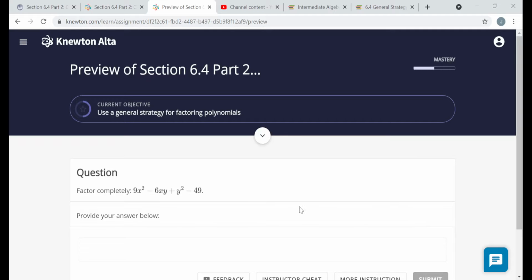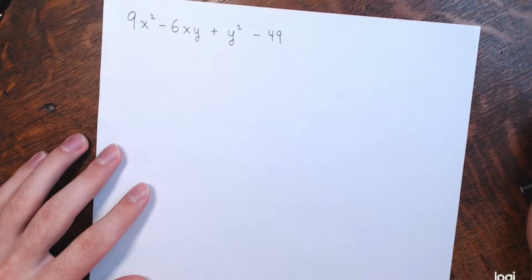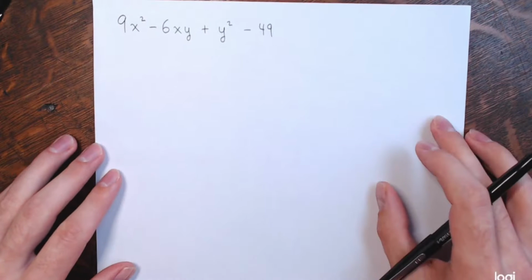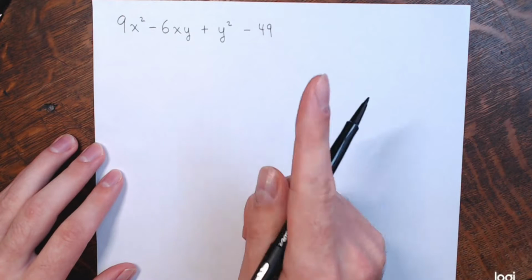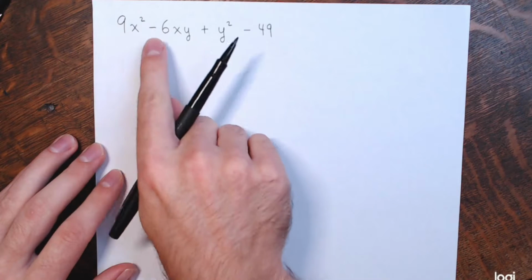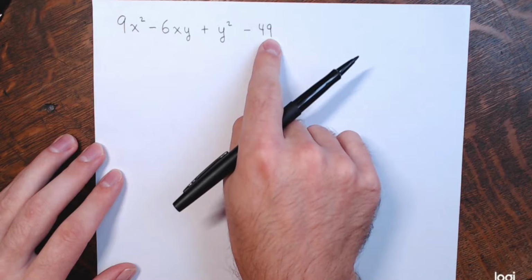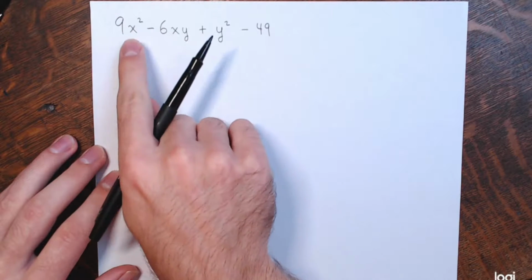All right, so this time, look, we've got 4 terms. So let me write this out first, and then we'll talk about the strategy. Ask myself some questions. First question is always, is there a greatest common factor other than 1 that goes into all the terms?